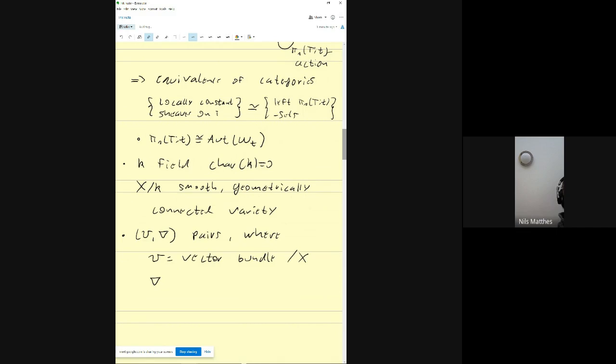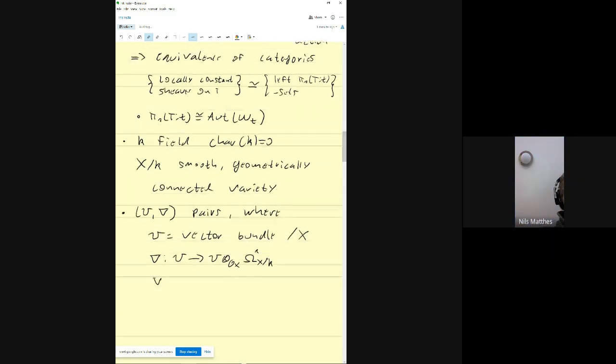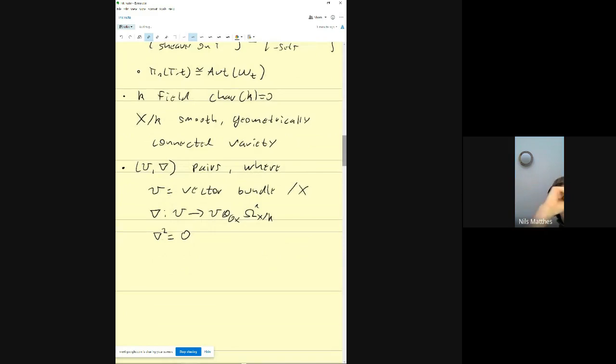So let's write this out. It's just a morphism of sheaves like this. And it's integrable, which means that its curvature is 0. So this is in some sense an analog of a locally constant sheaf in algebraic geometry.